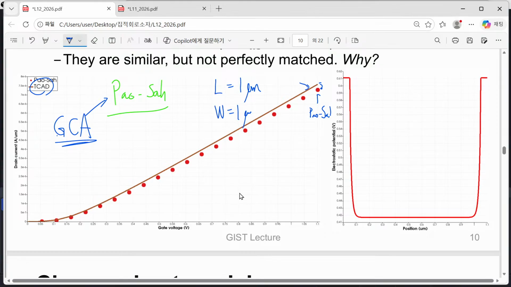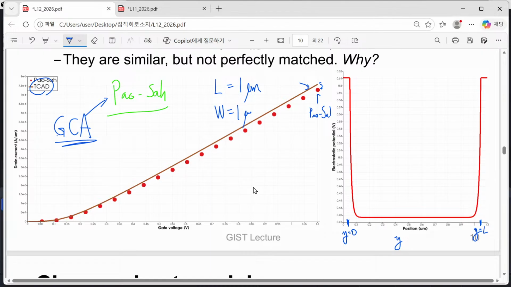But in reality, here position means the y coordinate, and here you have y equal to 0 in our situation, and here you can see y equal to L in our situation.